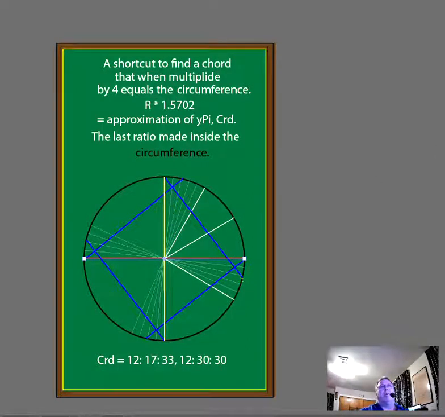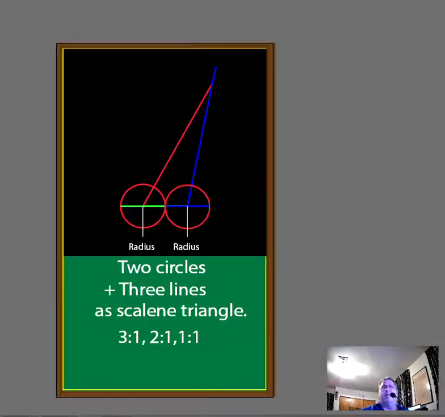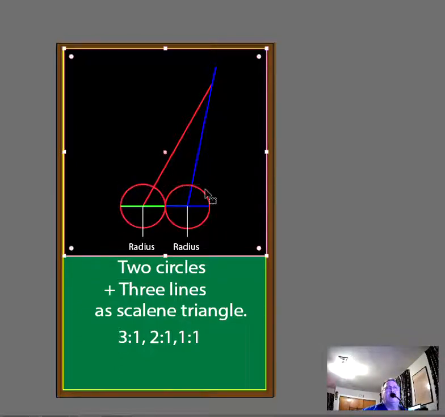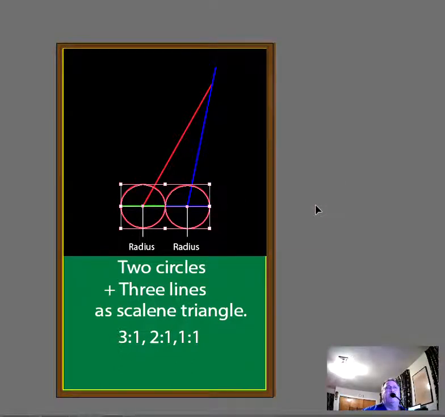So we had a scalene triangle, which I had gone over, or I'm not sure if I'd gone over yet, which has the ratio of 3:1, 2:1, and 1:1, and these ratios occur outside the radius and outside the diameter or circumference of the circle.